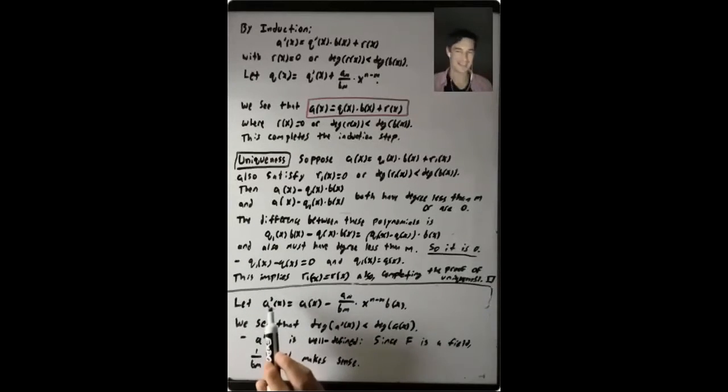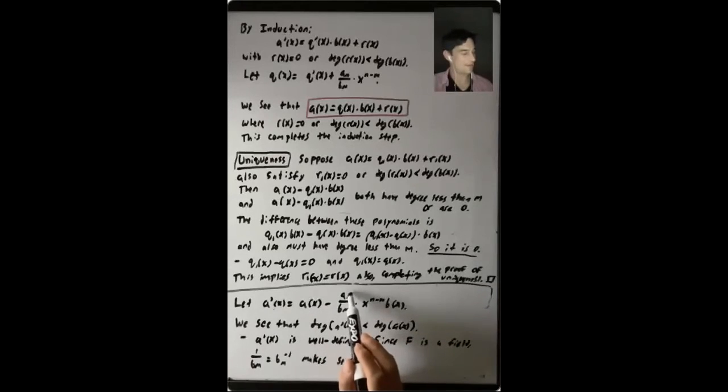So we've defined this polynomial A'(x) as A(x) minus a_m over b_m times x^(n-m) times B(x). And we've seen that its degree is less than n, the degree of A(x).